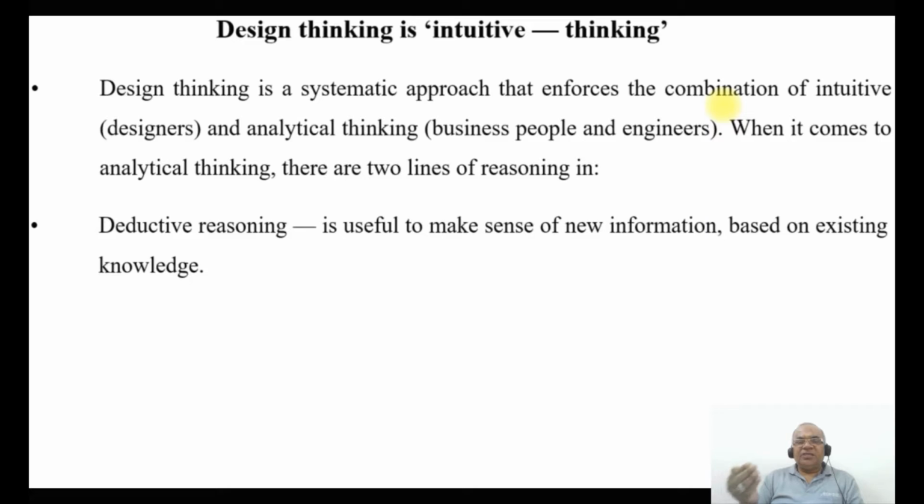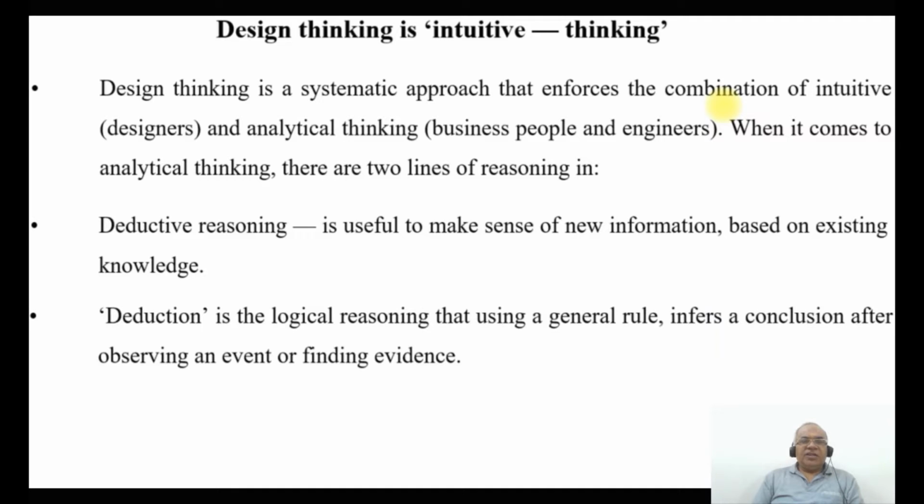That means we are trying to search for better, new information, based on our existing knowledge. Deduction is the logical reasoning that, using a general rule, infers a conclusion after observing an event or finding evidence.